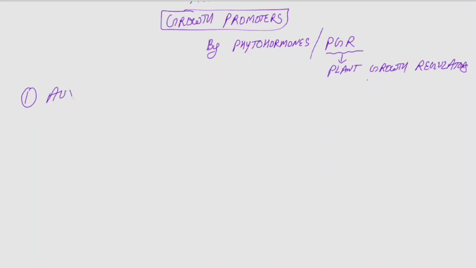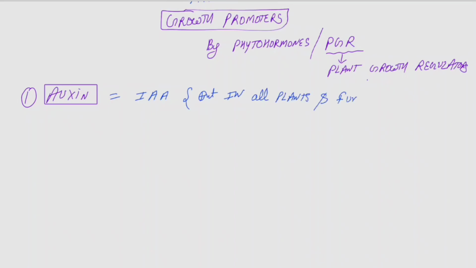First is auxin. Auxin is also known as indole acetic acid. Indole acetic acid is present in all plants as well as fungi. Clear?